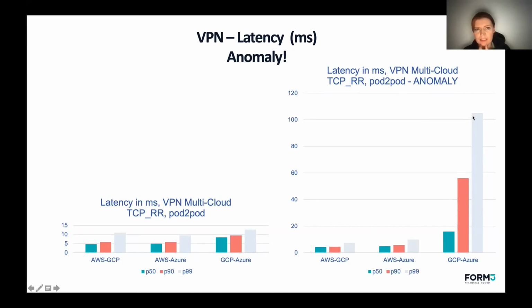So completely unacceptable for us. But that was kind of an anomaly. On average, you get much better results. But again, for a production system, you don't want to have those anomalies. Thus, VPN is not the best solution when you need low latency.